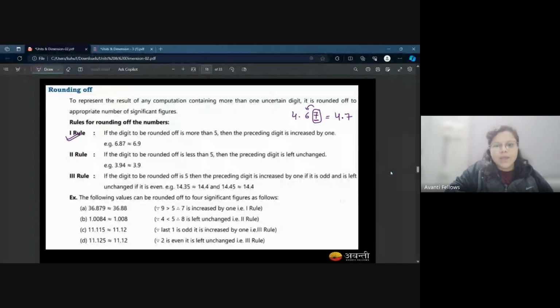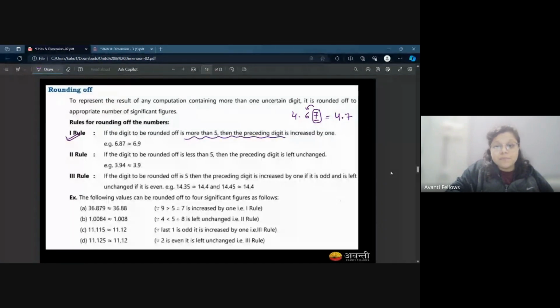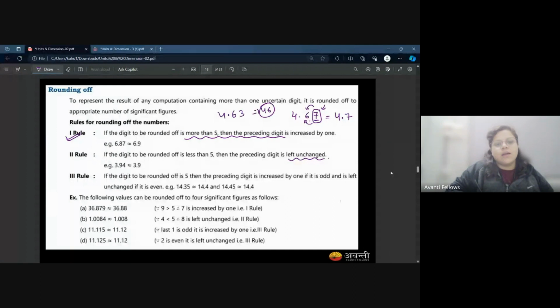If it is more than 5, then the preceding digit is increased by 1. This 7 is more than 5, then you have to add 1 over here. If I wrote 4.63 and again I want 4.6, it is left unchanged. Okay.